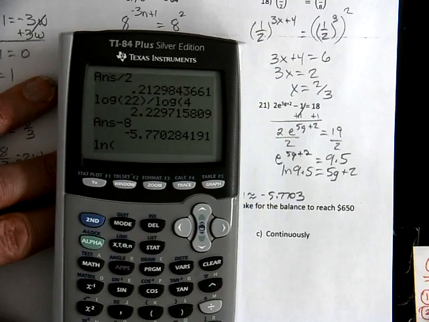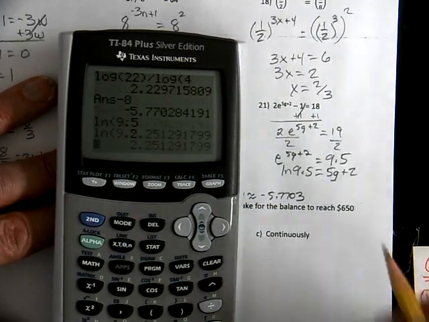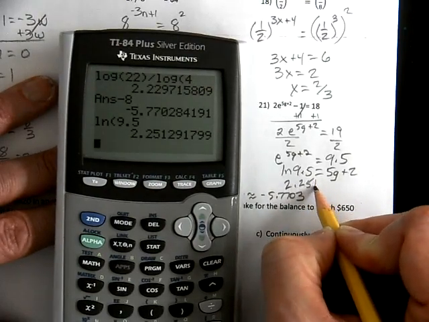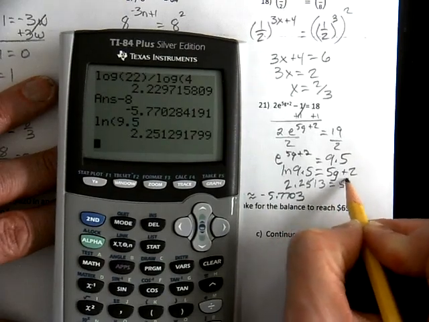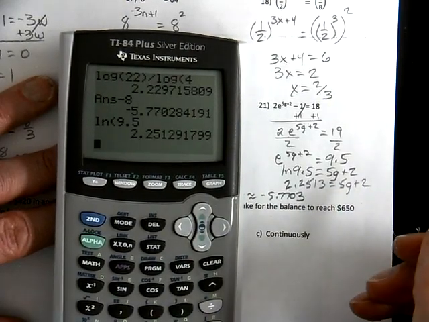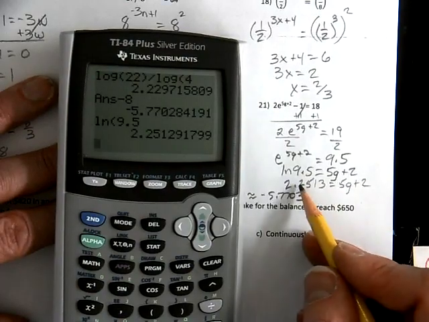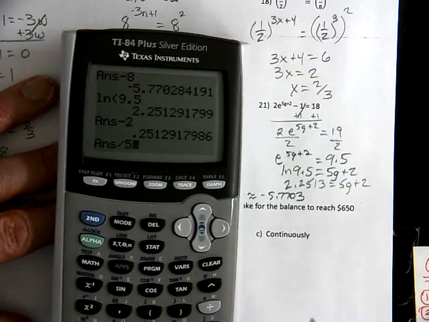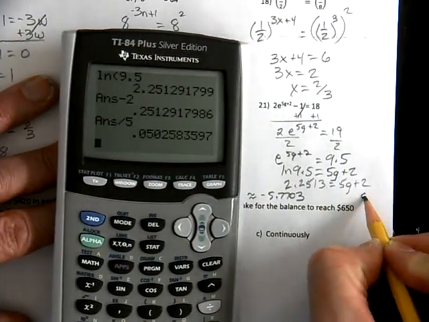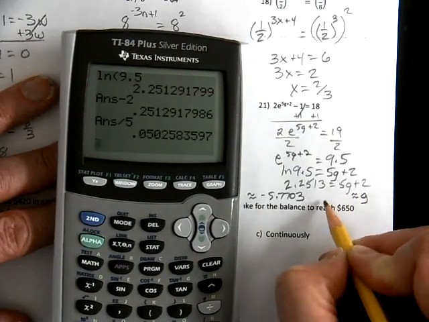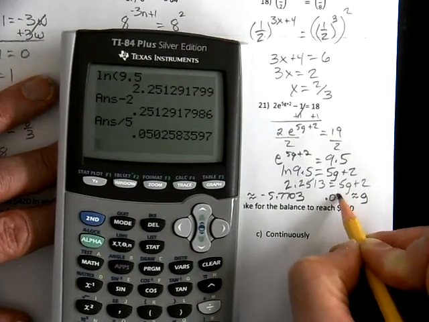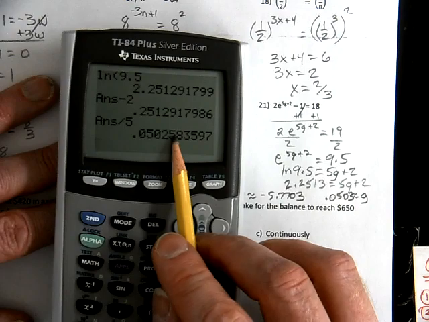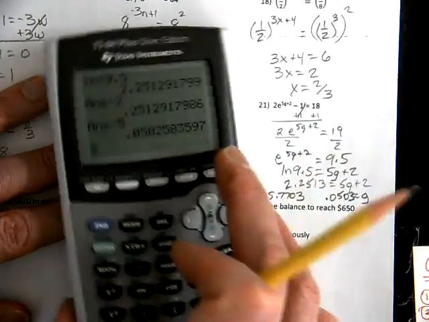So the natural log of 9.5. So we're going to subtract the 2 and divide by the 5. So the G is going to approximately equal 0.0503. We have a 5 or bigger, which makes the next number larger.